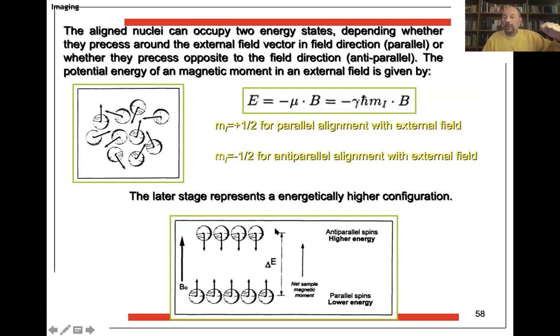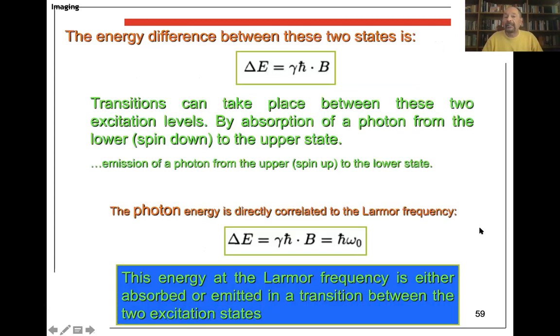They are in one energetic state or another, where the spins are parallel or anti-parallel, with minus or with plus. These are the two possible energetic states of the system of the spins, and this is the transition that we want to exploit. So essentially, you can write the energy difference as gamma h-bar times B.